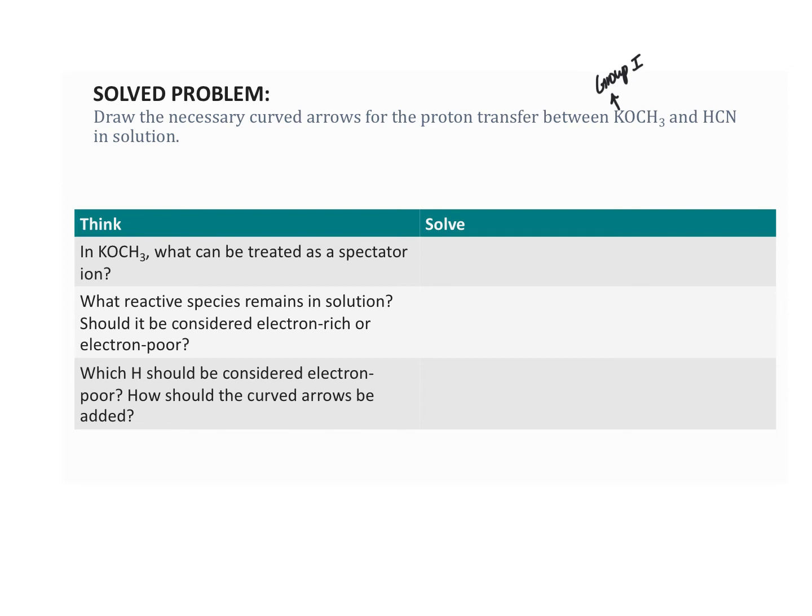So the very first thing you need to do is identify the things that are ionic. So KOCH3 is ionic, which means it's made of K plus and OCH3 minus. We can treat K plus as the spectator ion because it's a group 1A metal.